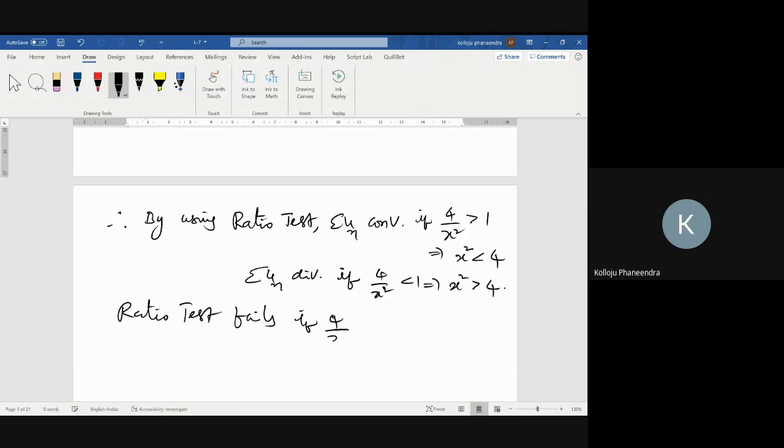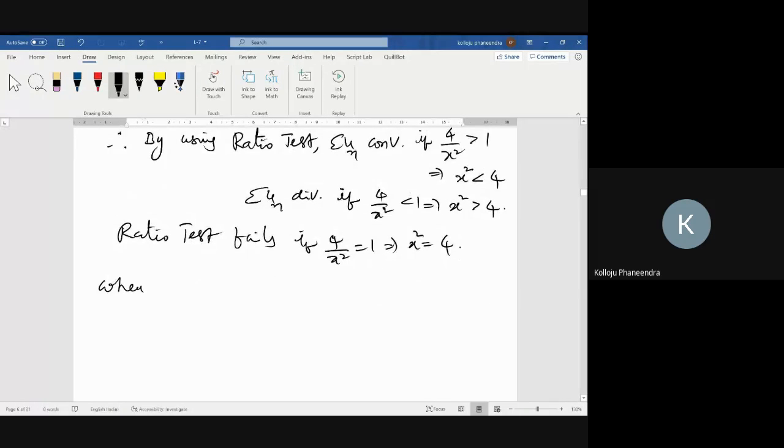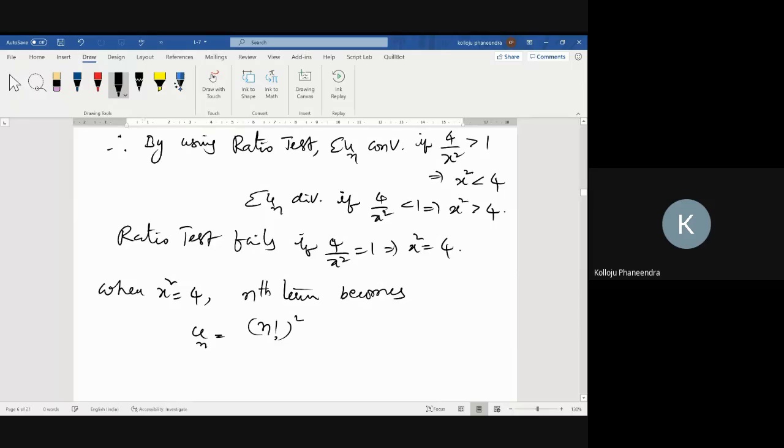L equal to 1 means what? 4 by x square equal to 1. Means x square equal to 4. Now, when x square equal to 4, what is the nth term? Un equal to, nth term is n factorial whole square by 2n factorial into x power 2n.